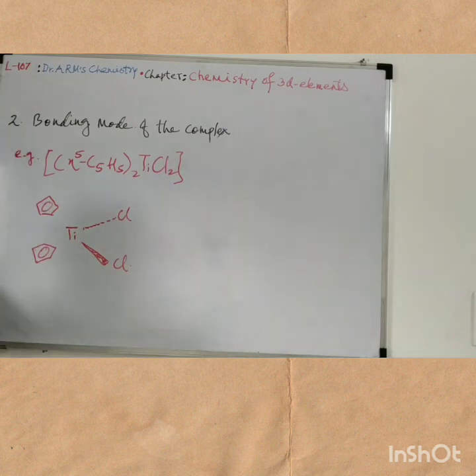The bonding will show that this titanium is bonded to these atoms. So this is 1, 2, 3, 4 and 5.